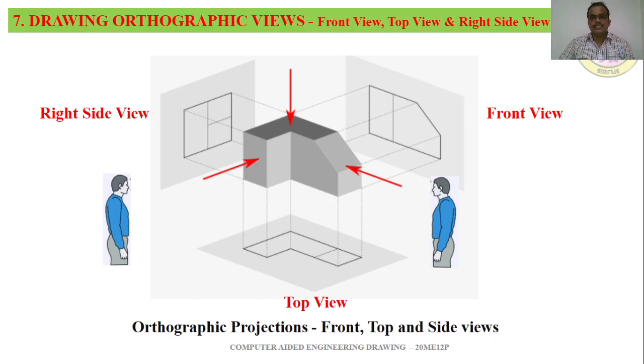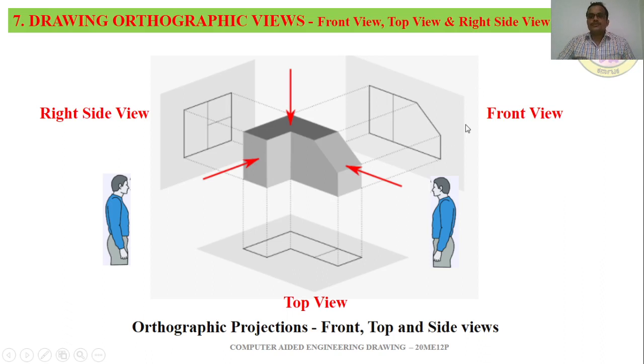Now we'll understand what we mean by front view. Here we have the front view, and you can see an observer is standing on the left side of this image and observing this object as a front view, and the same projections are captured on the projection plane.